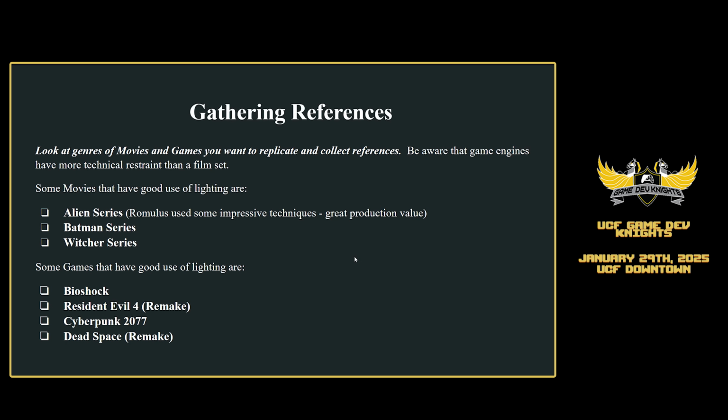So gathering references, again, it's very important to realize that games are technically restricted by the engine as opposed to a film set. A film set can use as many lights as they want to get the best shot, and the only drawback is that they don't have enough plugins.